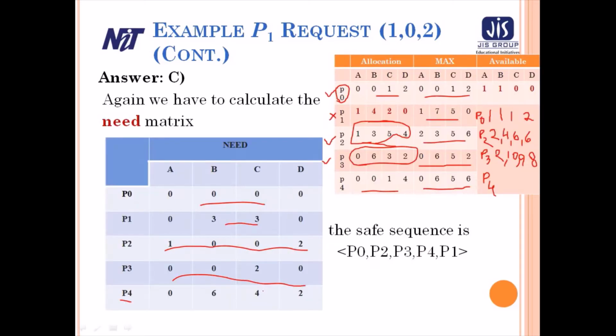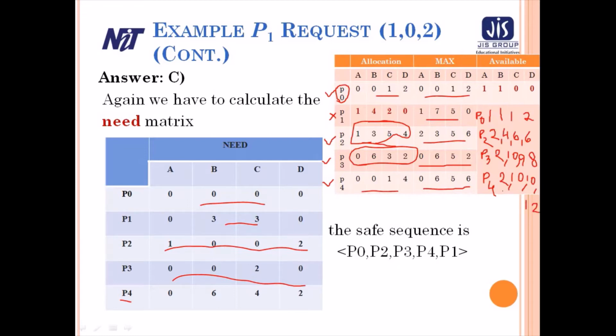After completion of P4, our available resources are 2, 10, 9 plus 1 is 10, and D type 8 plus 4 is 12.